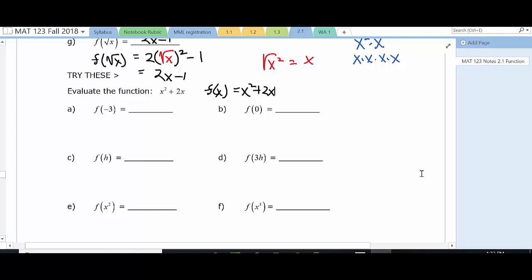So that one is second round. Got a third round. So you're taking that function. So you're going to do -3 in parentheses, -3 to the second plus 2 times -3.